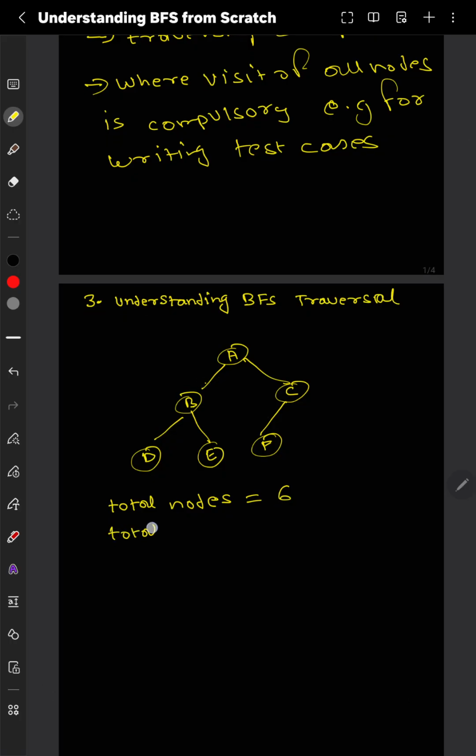Total edges are 5. Now this BFS works on the FIFO principle. FIFO means first in, first out. Now let's see how this FIFO will work for this particular graph.